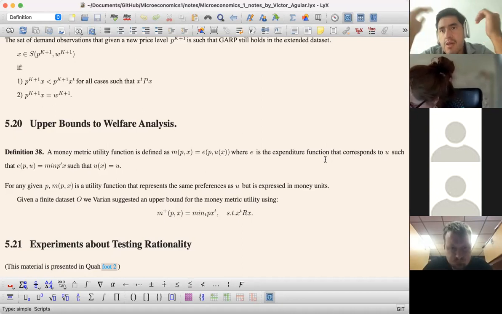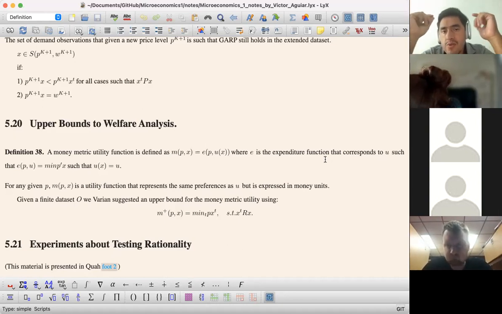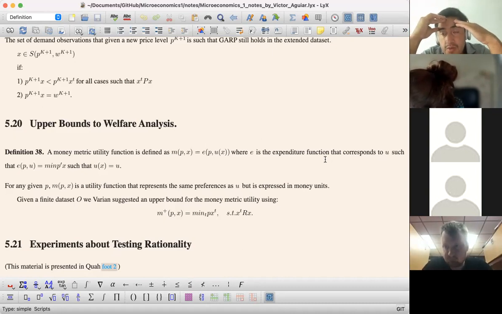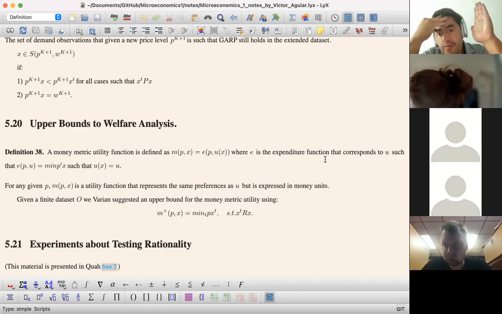In other words, this money metric utility changes the units of the utility, which is in arbitrary utils, and turns it into dollars, right? And by which means? By means of the expenditure function. Remember that the expenditure function is measuring dollars.